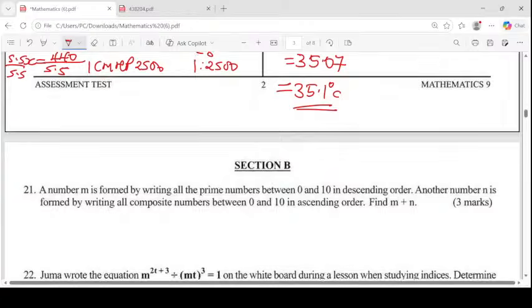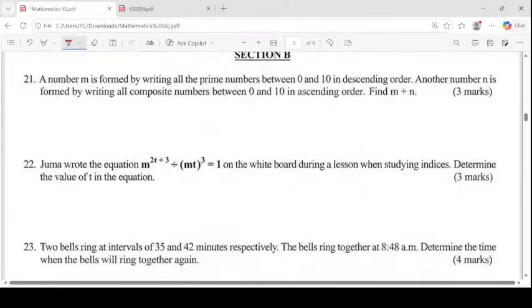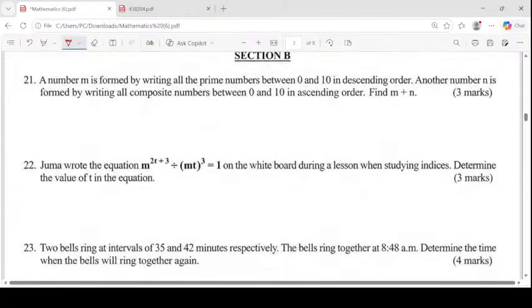Let us now get to section B of our question paper. Section B. A number m is formed by writing all the prime numbers between 0 and 10 in descending order. Another number n is formed by writing all the composite numbers between 0 and 10 in ascending order. Find m and n. First of all, let me get the prime numbers.